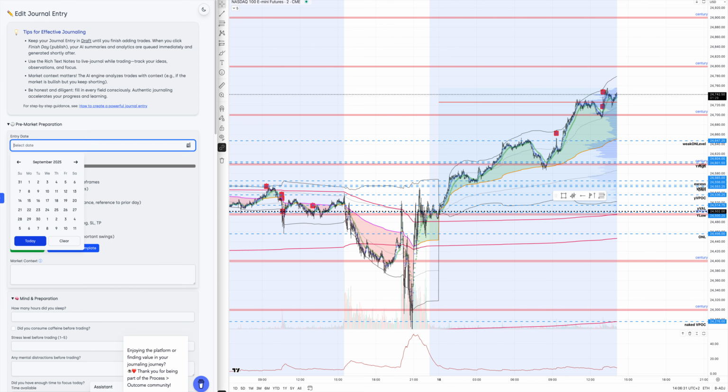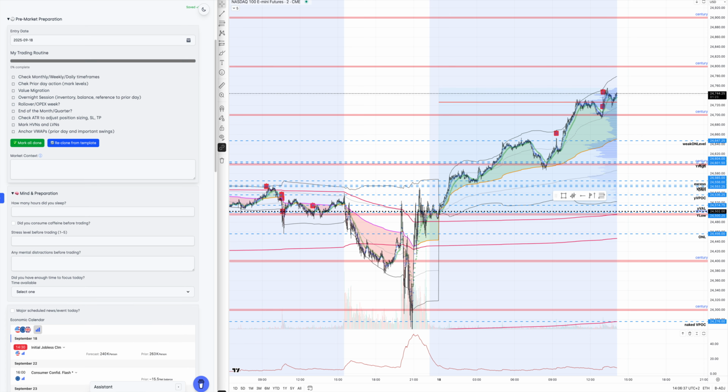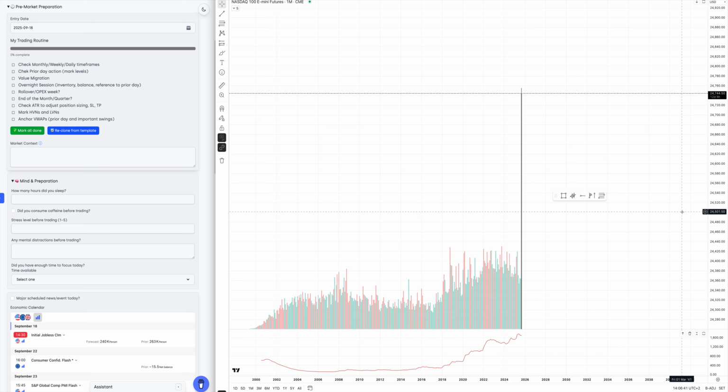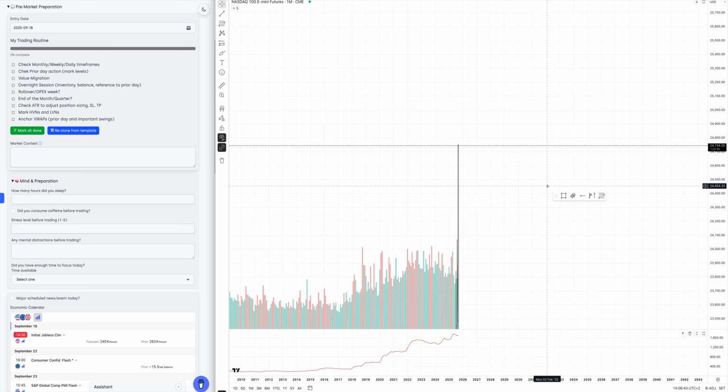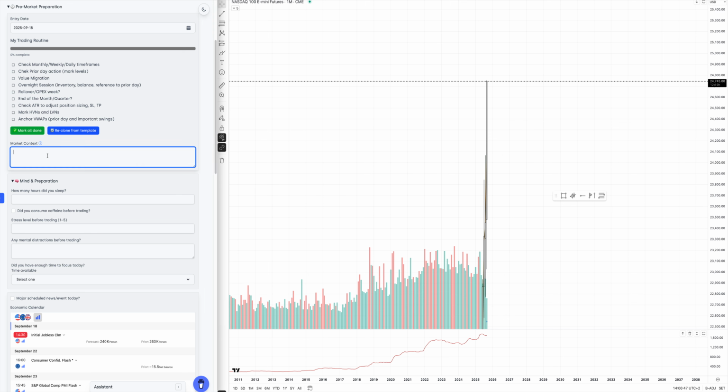But yeah, let's start. So log in today, September 18th. Let's go to the monthly chart. I'm going to hide all the key levels, and we see again extremely strong.